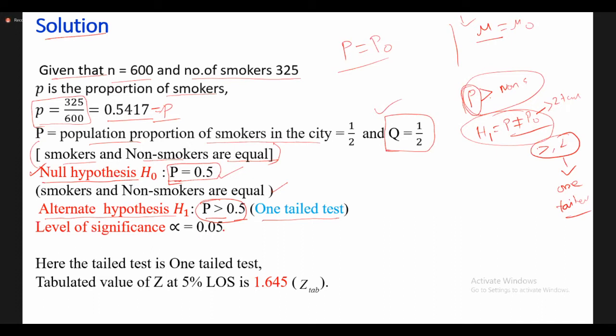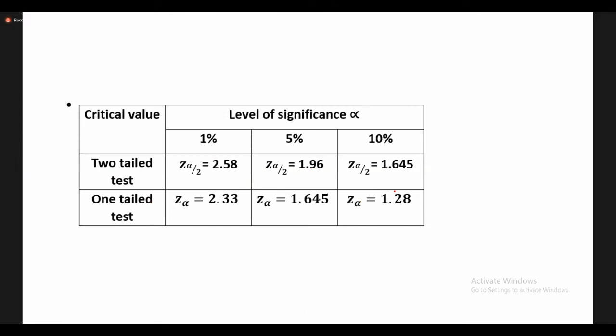In the question, alpha is not given. If alpha is not given, generally we take alpha as 5%. One tail test at 5%: what is the Z tabular value? 1.645.